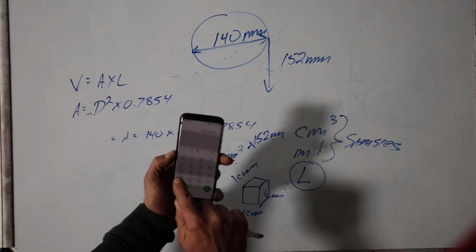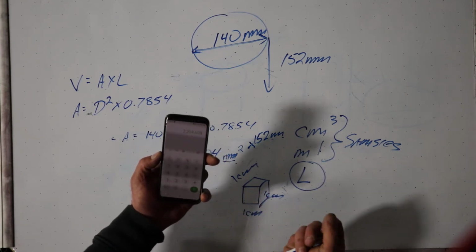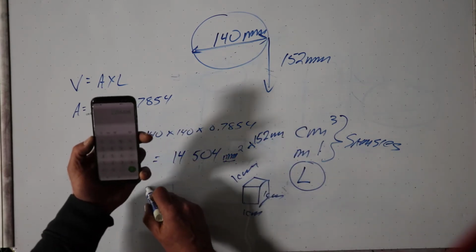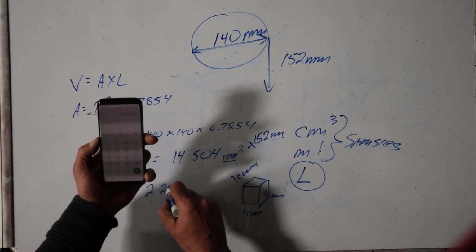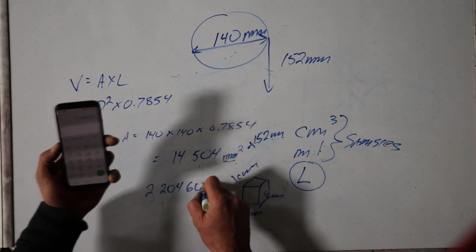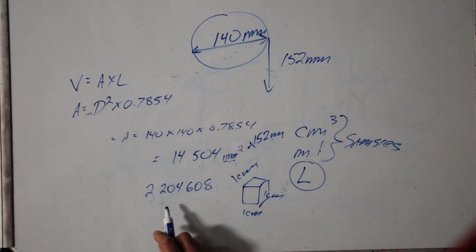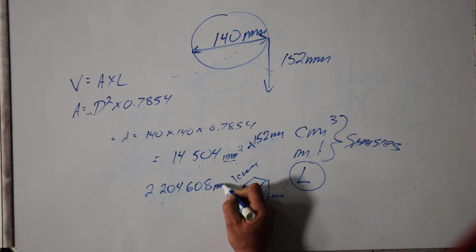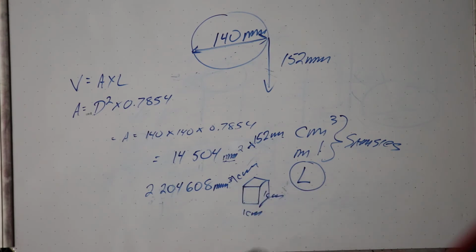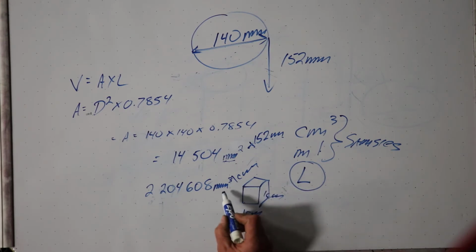So I'll take our number and times that by 152. We end up with 2,204,608 millimeters cubed. Holy crap, that's a big number.